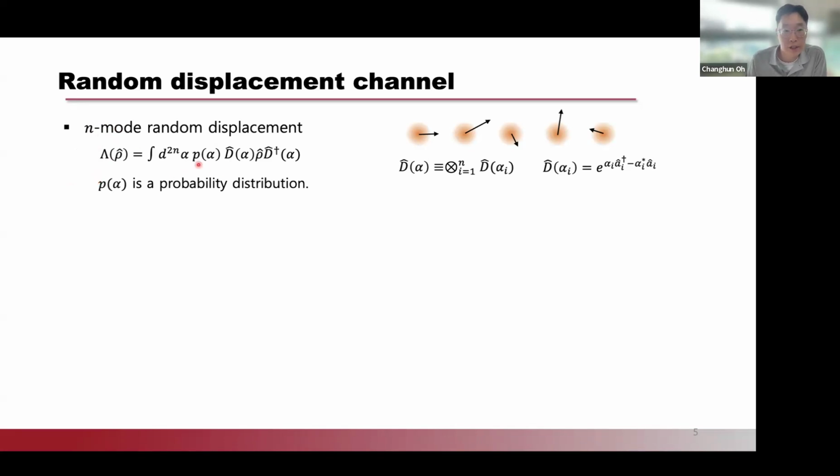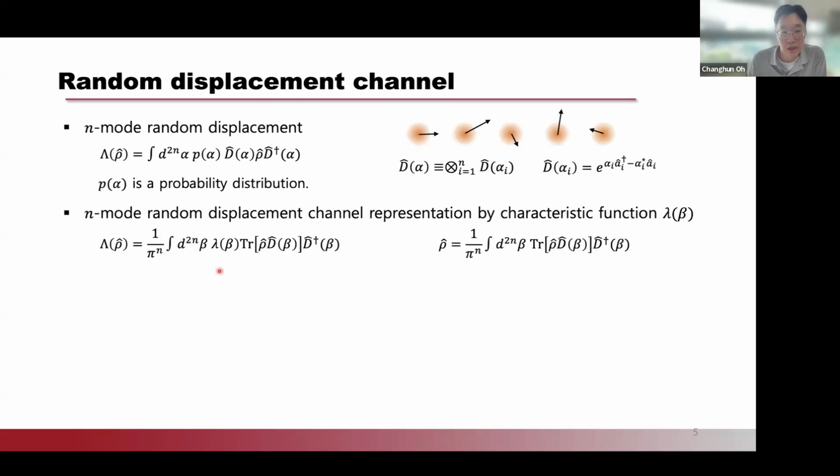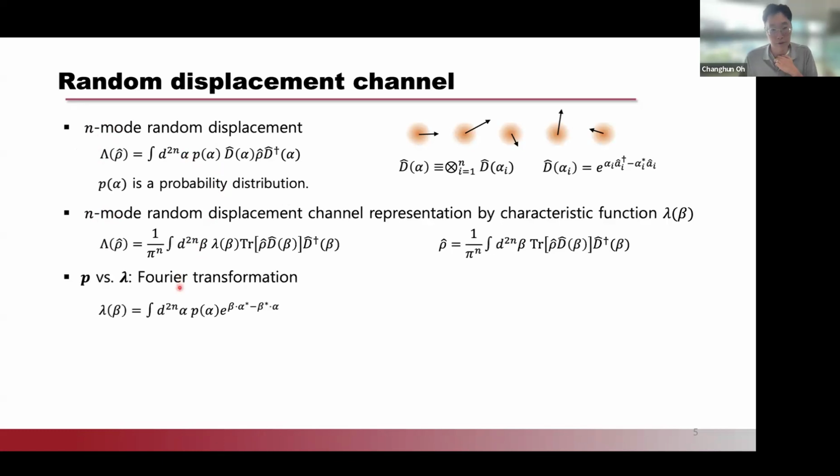And we can fully characterize the channel by the probability distribution, but we can also equivalently describe the channel using the characteristic function of this probability distribution, which means the Fourier transformation of the probability distribution.